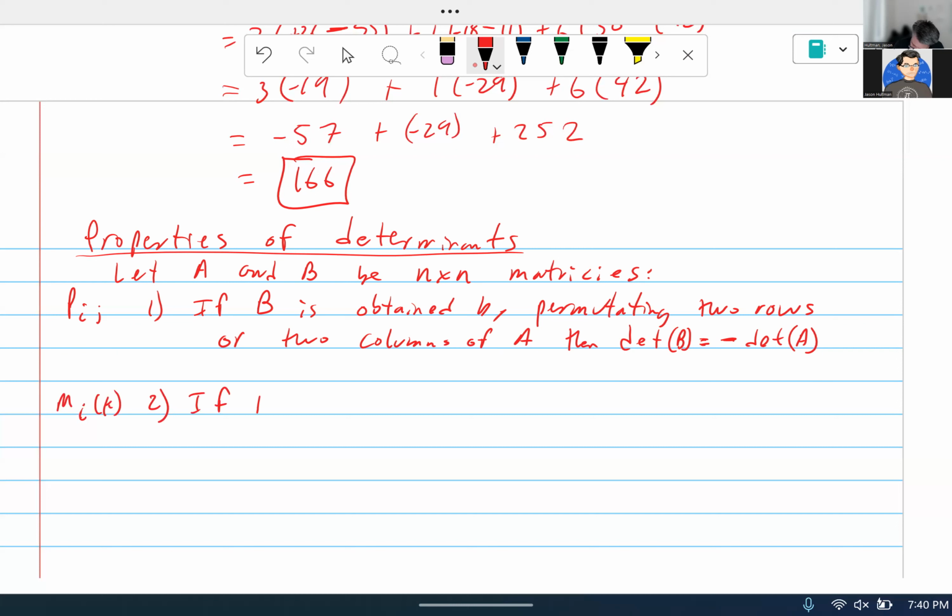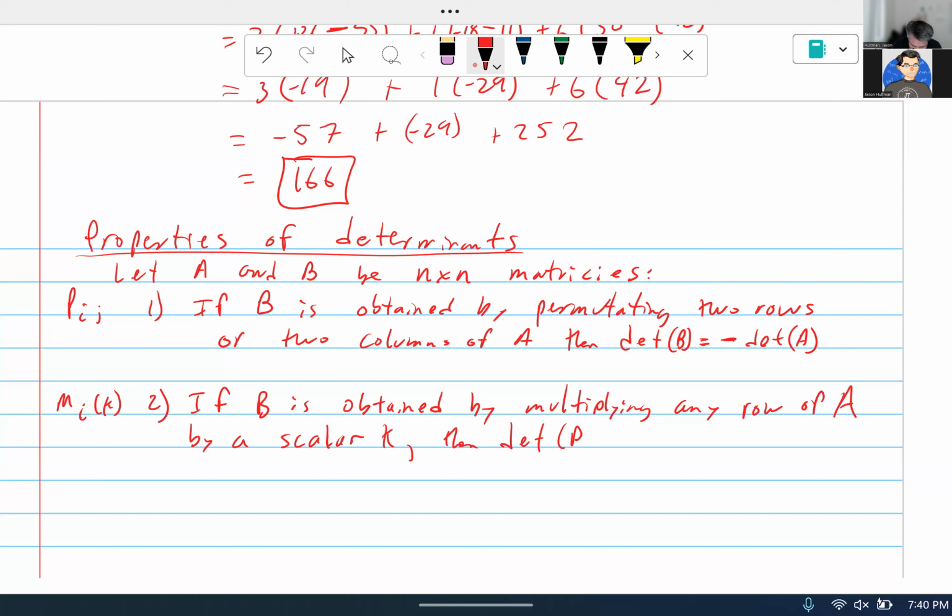If B is obtained by multiplying any row of A by a scalar K, then the determinant of B is equal to K times the determinant of A. So we don't have to multiply every row, we just have to multiply a single row, and then we get the determinant to become a multiple as well.